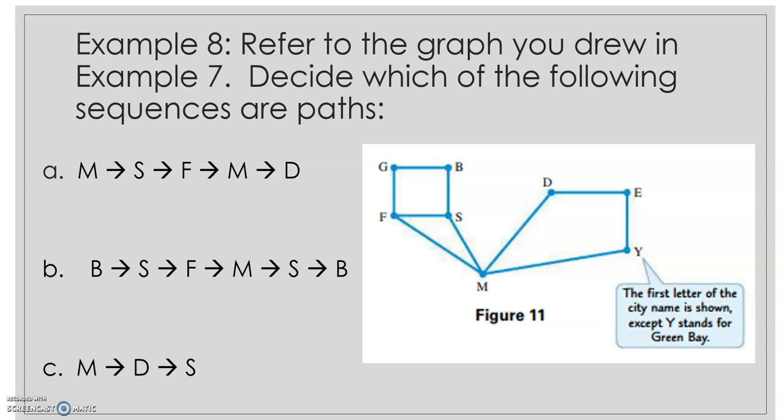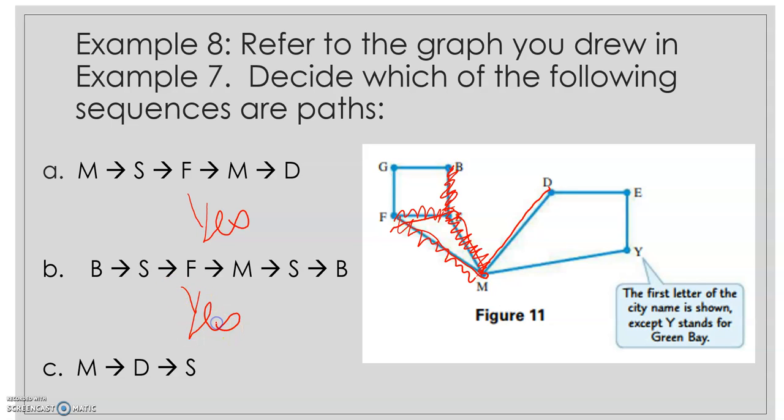Here's our graph from example 7. Decide which of the following sequences are paths. Minneapolis, St. Cloud, Fargo, Minneapolis, and Duluth. Is it a path? We traced it without lifting our pencil, so yes, it's a path. Bemidji to St. Cloud to Fargo, Fargo to Minneapolis, Minneapolis to St. Cloud, and St. Cloud back to Bemidji.